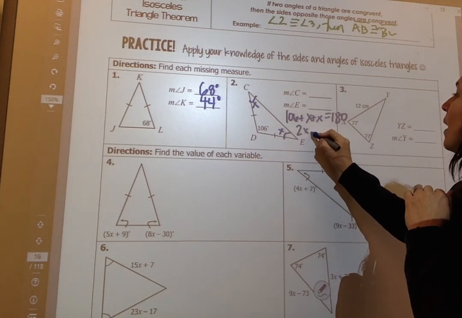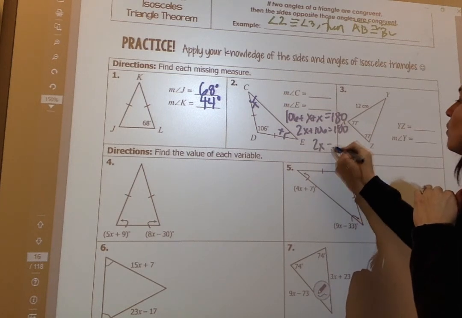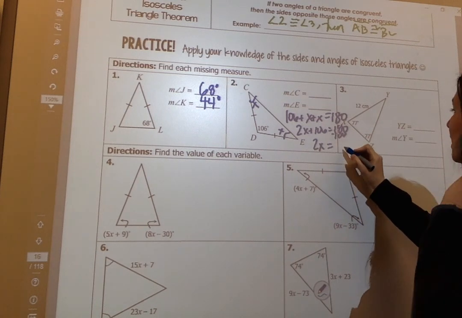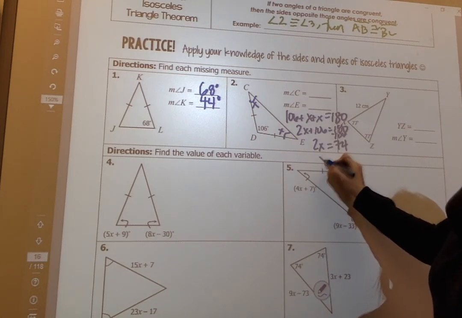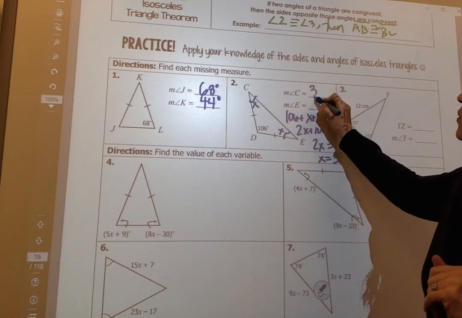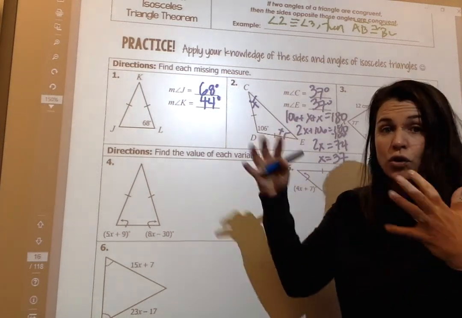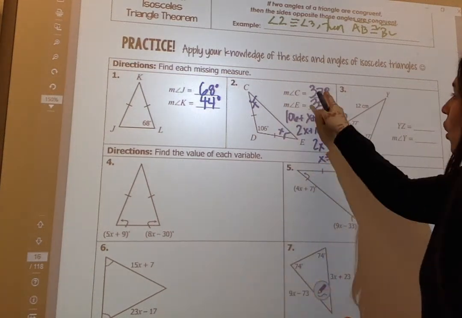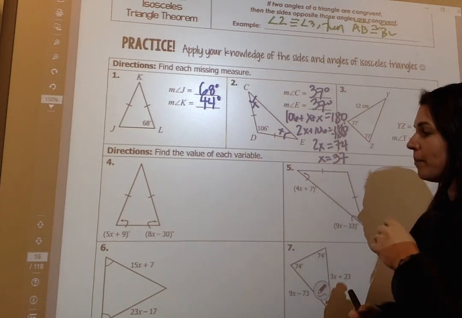So here I get 2x plus 106 equals 180. Subtract 106 on both sides, and I get 74. Divide by 2, and I get x is 37 degrees. So angle C is 37 degrees, angle E is 37 degrees, and of course you can check your math to make sure that they all add up to 180. So that's how I would set my equation up.